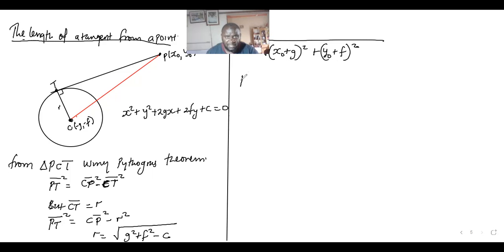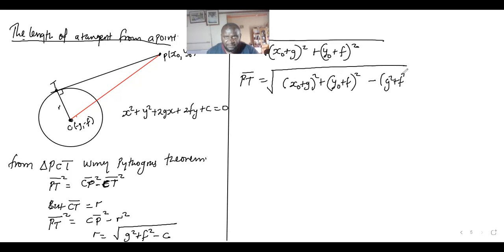Therefore, finally, if someone is to get PT, the distance we want, it will be the square root of CP squared, which is (x0 plus g) squared plus (y0 plus f) squared, minus CT, which we saw as the radius, which we have seen is g squared plus f squared minus c. The whole of this under the square root.